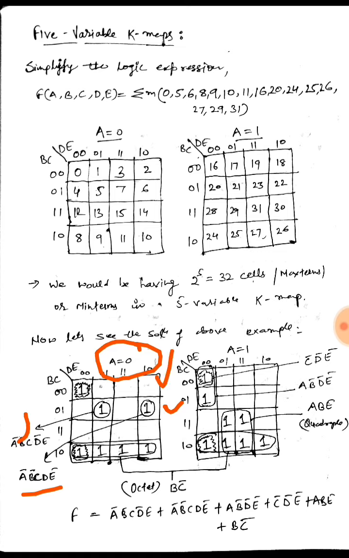So for the variable whose value is 0 I will take the bar, and for the variable whose value is 1 I will take the uncomplemented literal.